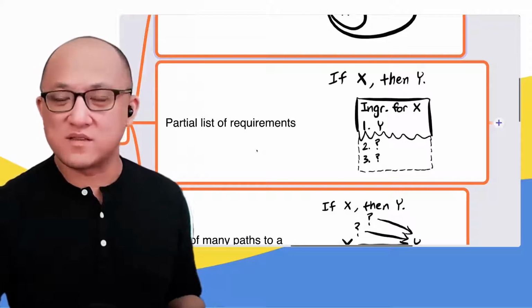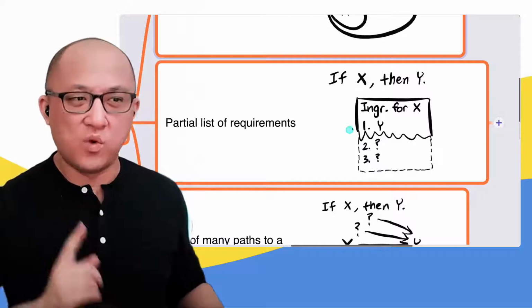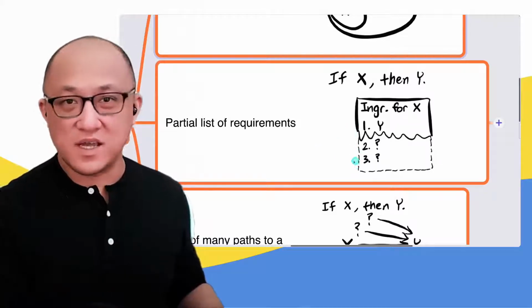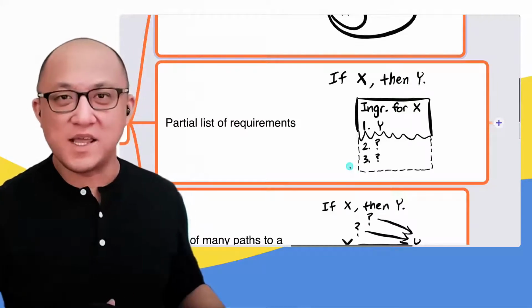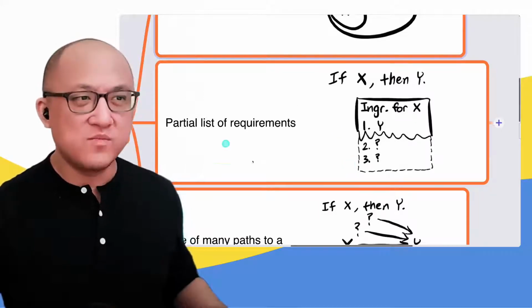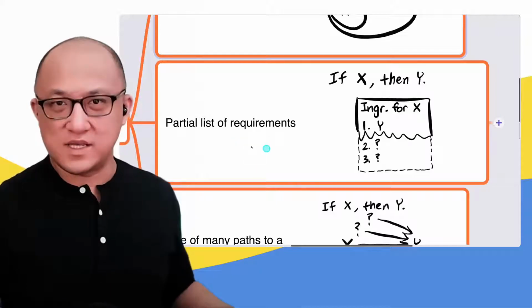You won't be healthy unless you eat green vegetables. That means eating green vegetables is just one of the requirements that you know about to be healthy, but there could be other things that you have to do, right? You might have to reduce your fat intake. You might have to exercise as well. And so try to think of some other examples of your own that might fit this.